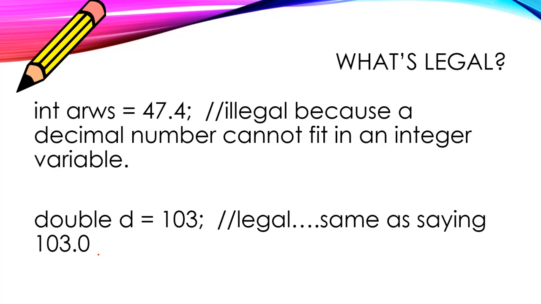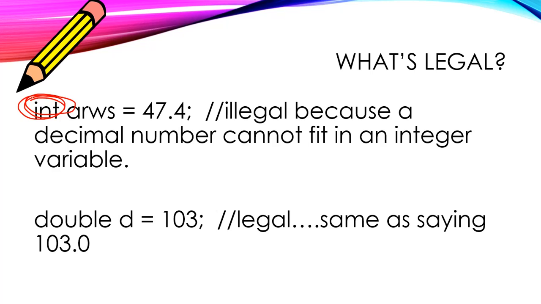Now, you're probably asking, what is something that could be causing a problem? What's legal for us? Well, it's illegal to put a decimal inside of an int. So right here, I've got an example of what's illegal: int ARWS equals 47.4. Now, again, remember, int is the no decimal club.